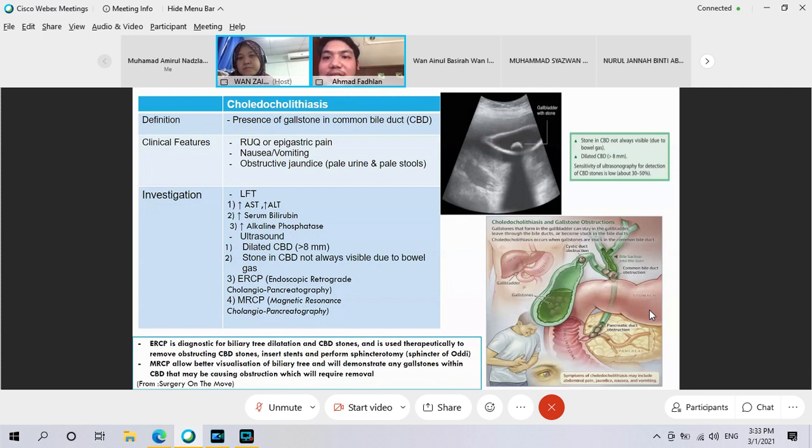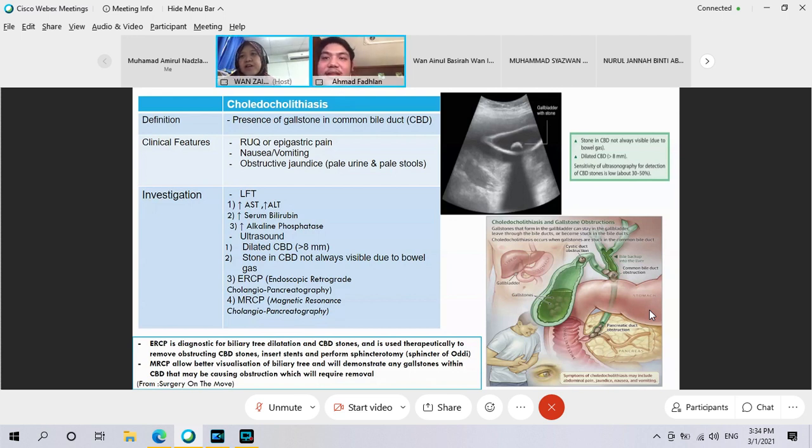Next is ultrasound. The findings are dilated common bile duct more than 8 mm. Stone in the common bile duct not always visible due to bowel gas. So if the stone cannot be seen, we need to do either ERCP, endoscopic retrograde cholangiopancreatography, or MRCP, magnetic resonance cholangiopancreatography.